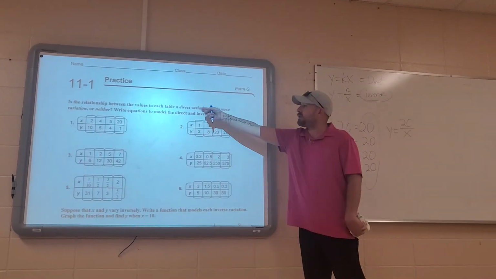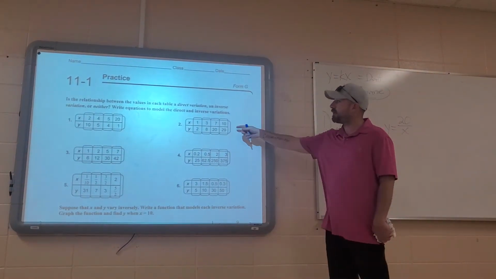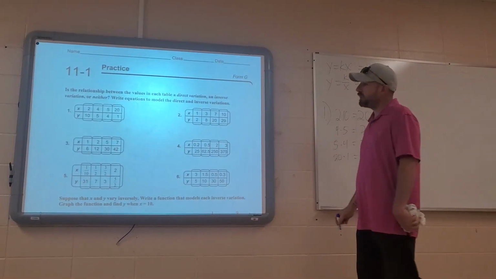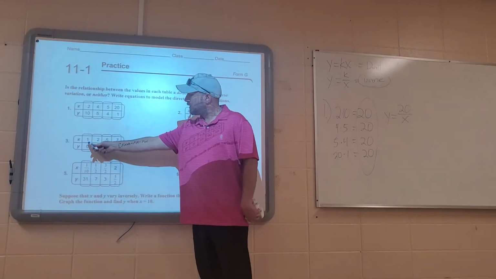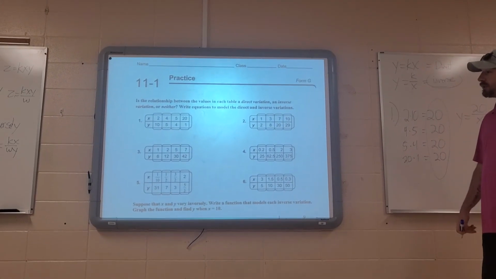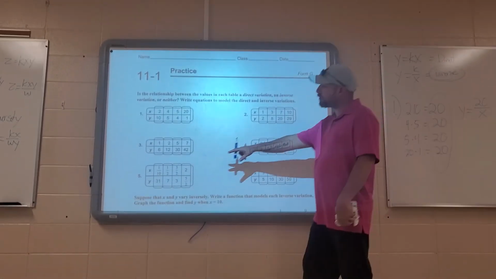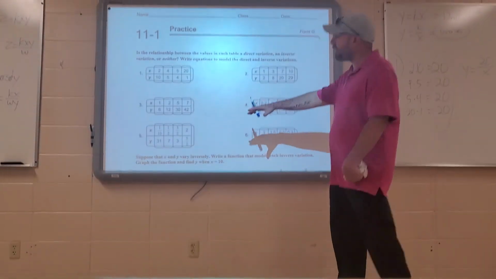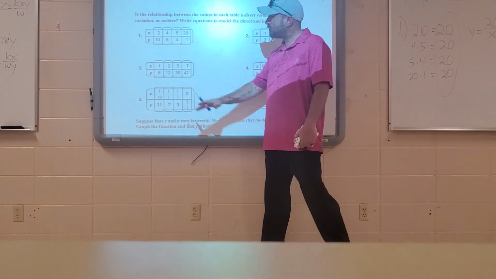So this one isn't direct either. This one is neither. Okay? Let's look at this one. 1 times 6 is 6. 2 times 12 is not 6, it's 24. So this one is definitely not inverse.